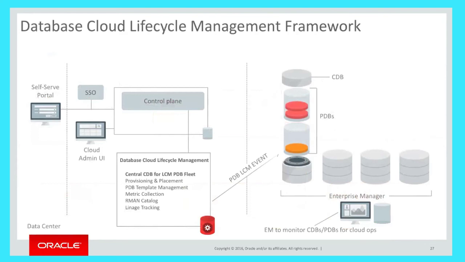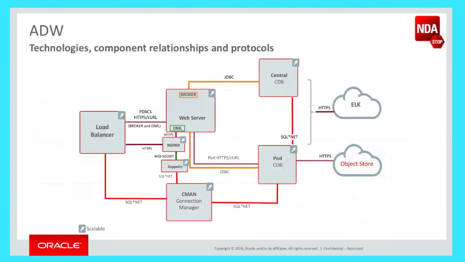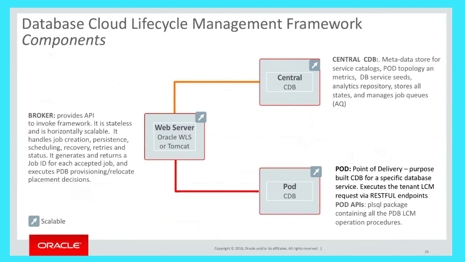It's a backend metadata store that has the topology definitions and utilization metrics associated with a very large deployment model. So a request might come in, and we'd provision it through the central CDB targeting a specific pod in the environment. At a high level, this is what our own fully managed autonomous services look like. But what we're going to focus on are these three pieces. There's the central CDB, which I've just described.